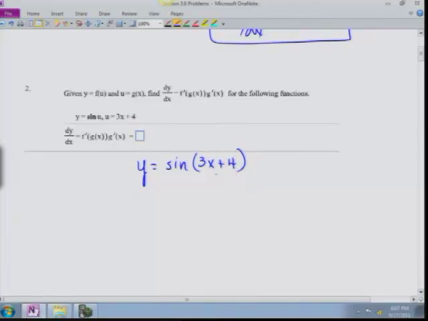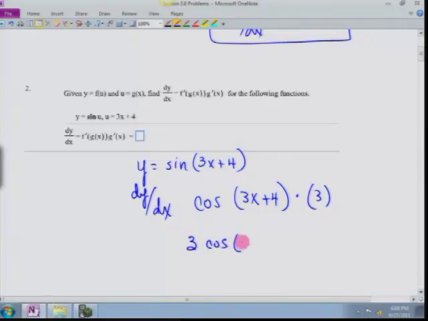Okay, and so how do we take the derivative of that? dy dx. Outside. Cosine. So cosine 3x plus 4, times 3. Okay. And so then you would write it, typically, 3 cosine of 3x plus 4.